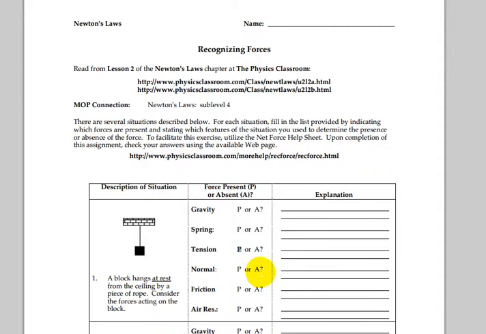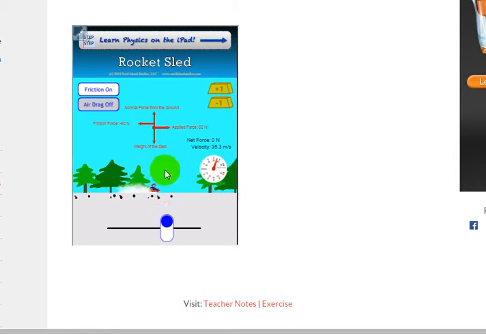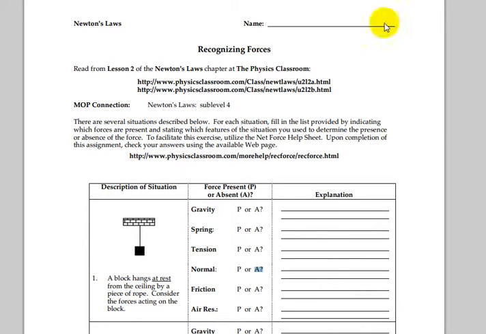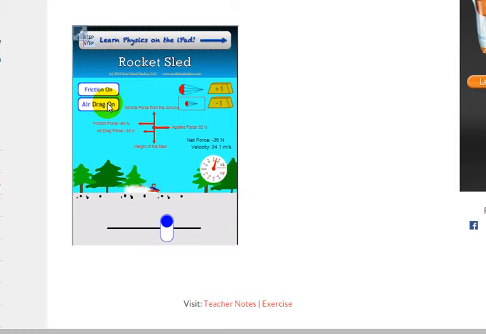Normal force, that's absent because, if you recall, a normal force is what happens when two surfaces are touching each other, so an upward force due to that surface. That's definitely not there because it's hanging, it's not on the ground. Friction, absent, it's not moving, so we don't have to worry about friction. Air resistance, again, comes into play when you're moving.